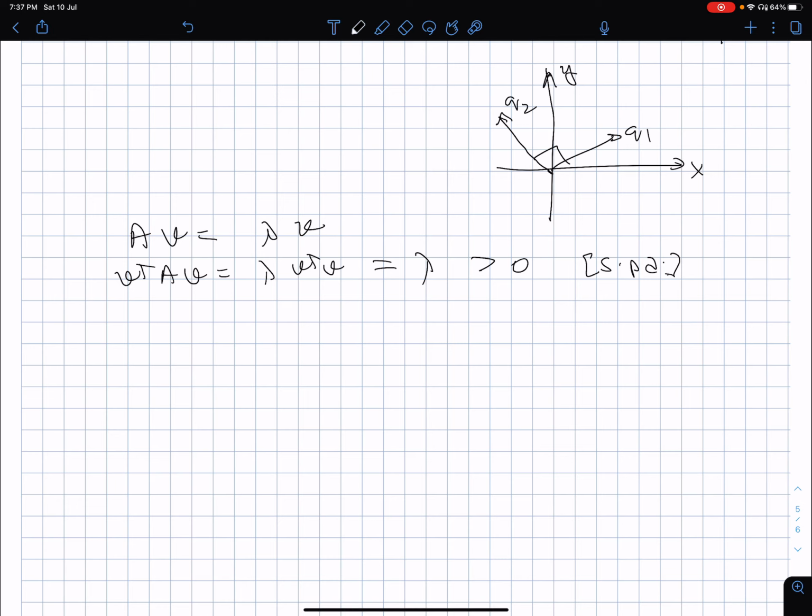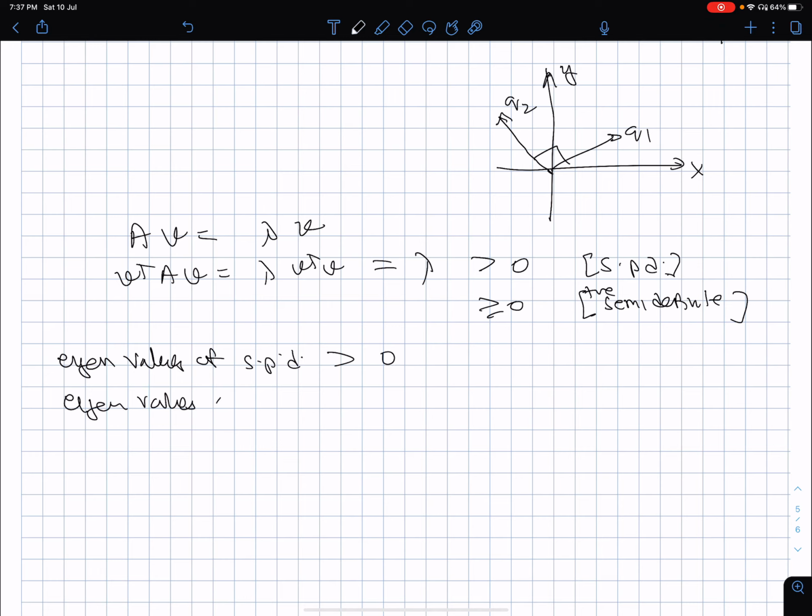If it is a positive semi-definite matrix, then the right hand side should be greater than or equal to 0. So therefore what we can say is, eigenvalues of symmetric positive definite matrices are greater than 0.